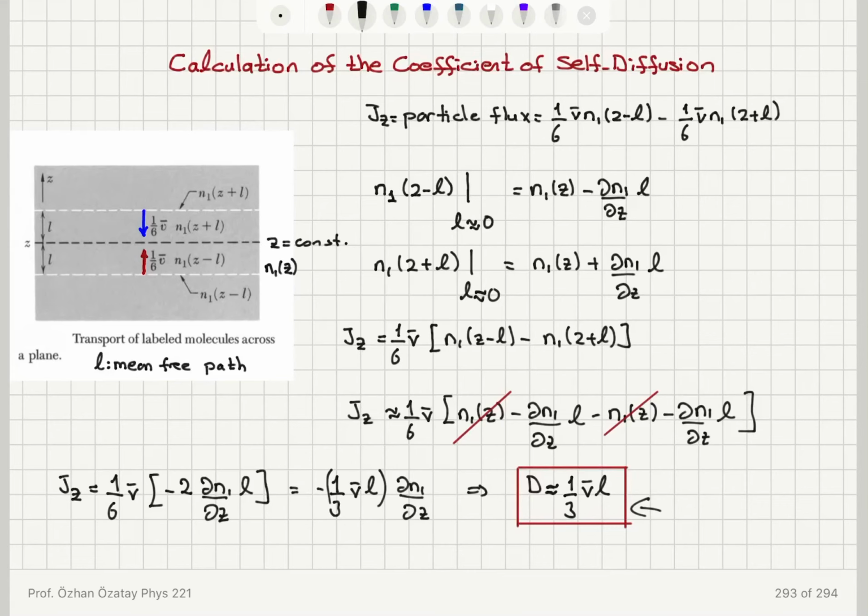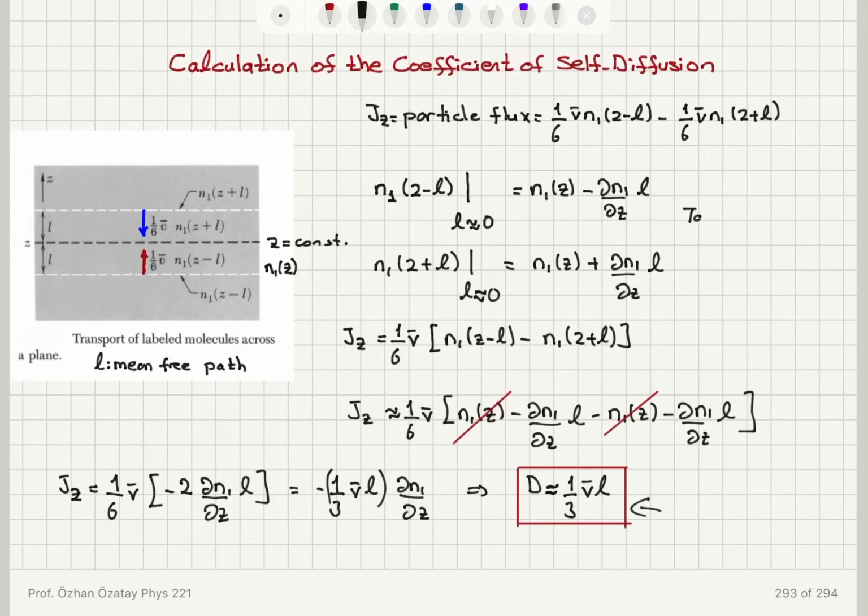So mean free path is L, and so when we are at a distance L from the z equal to constant plane, we had the last change in the concentration due to scattering of molecules.